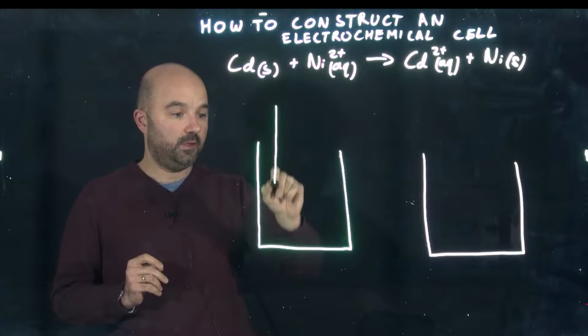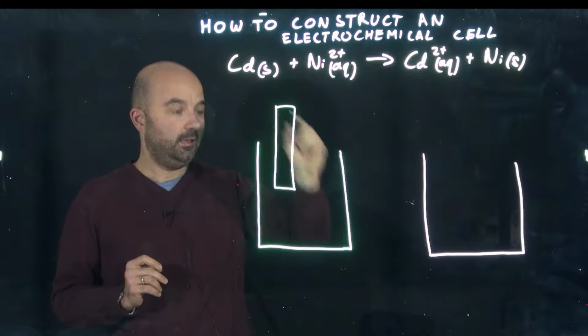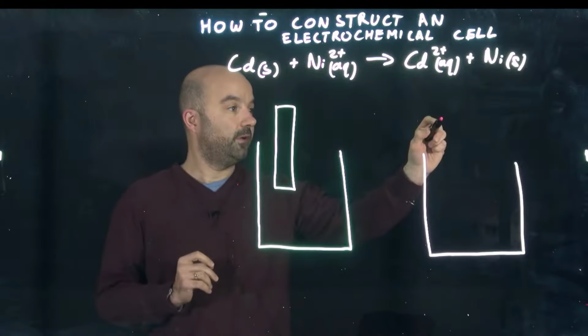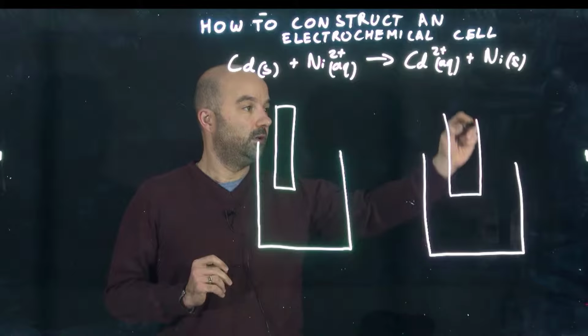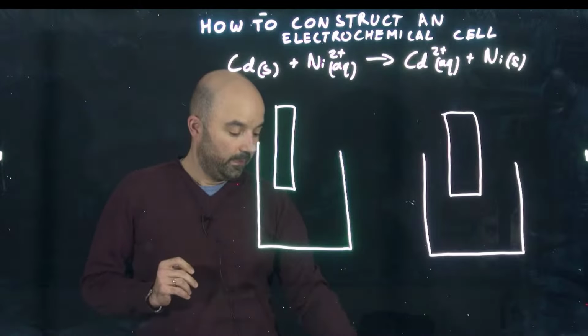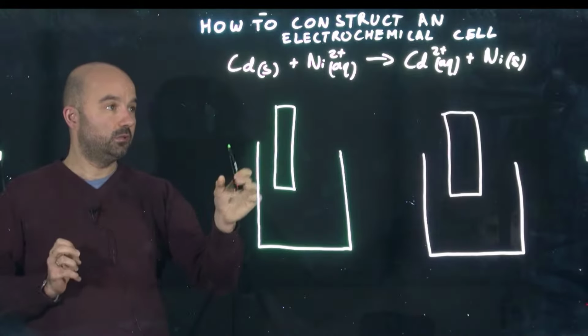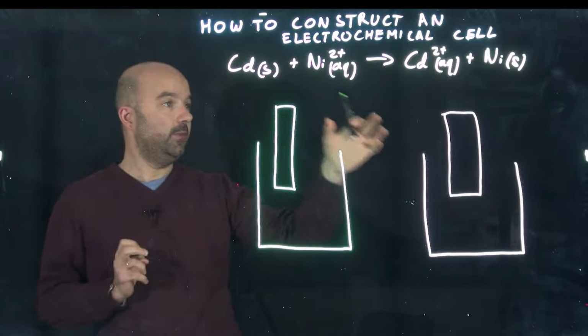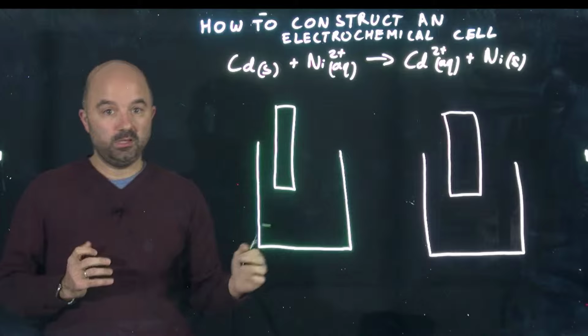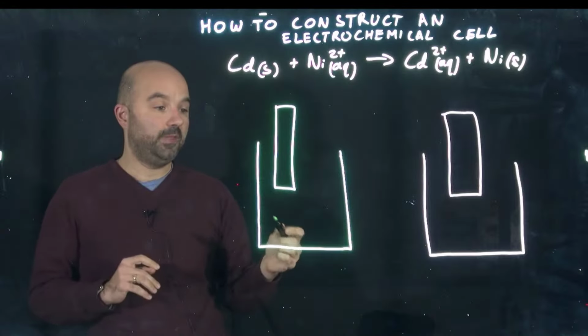So let's draw in our first electrode here, and then we've got our other electrode here. And then we're going to need a source, so we've got our two solids, and we're going to need a source for this aqueous species in our reaction.